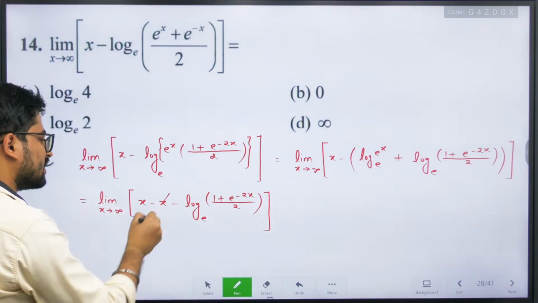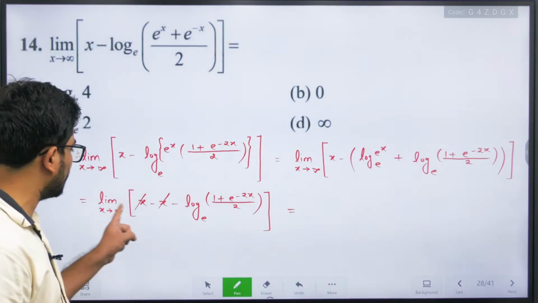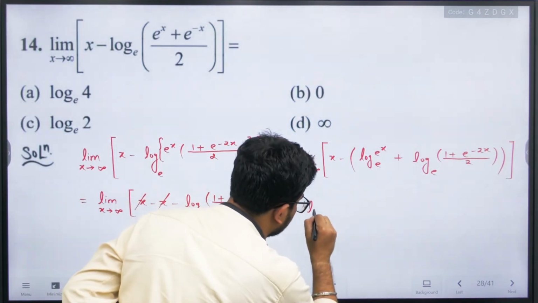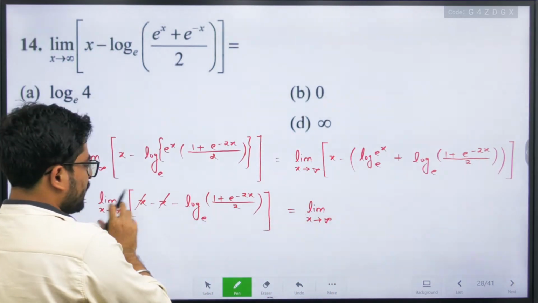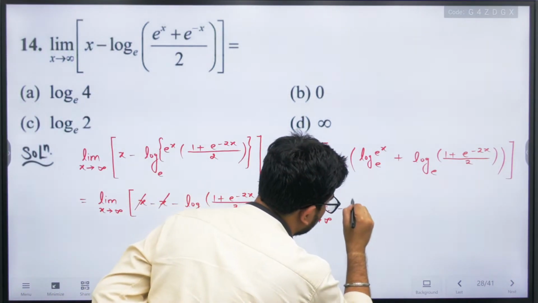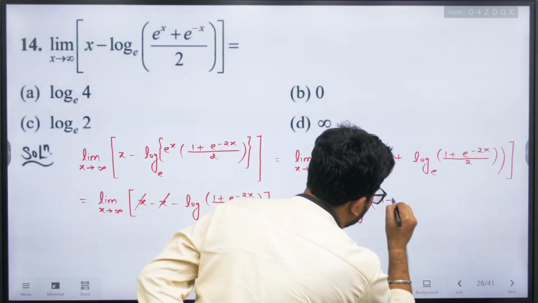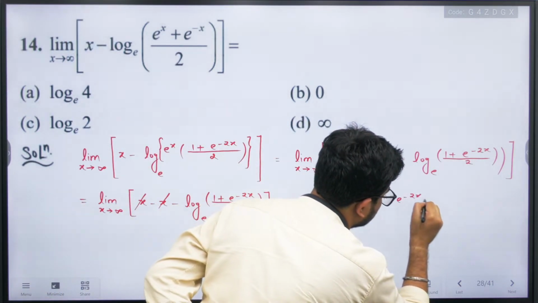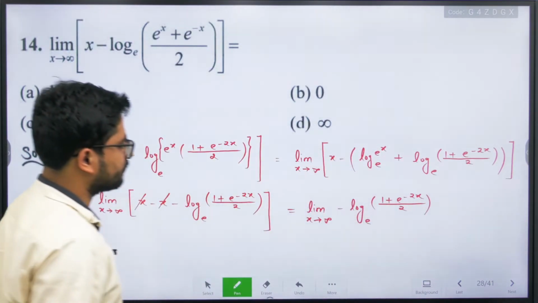So you can cancel x with x. So when x tends to infinity, you'll get limit x tends to infinity of minus log of (1 plus e power minus 2x) whole divided by 2 to the base e.